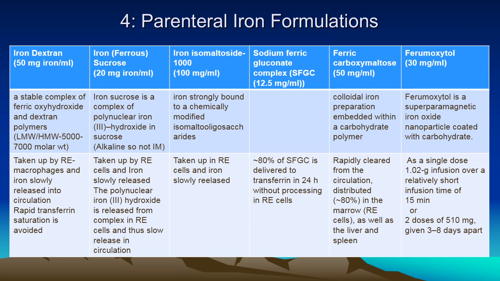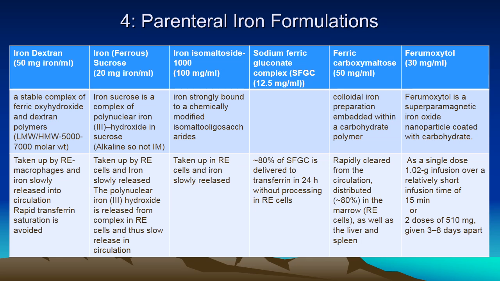Sodium ferric gluconate complex provides 12.5 milligram per ml of the iron. Ferric carboxymaltose contains 50 milligram per ml, and ferromoxytol 30 milligram per ml is the elemental iron in it. Lowest elemental iron is provided by sodium ferric gluconate and then iron sucrose.